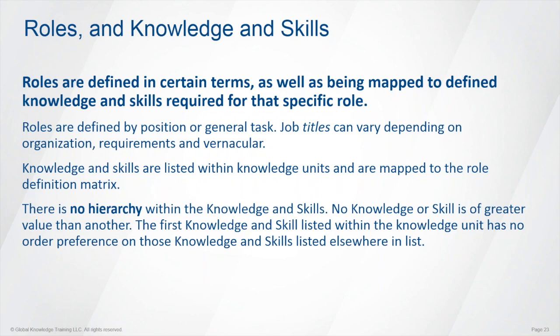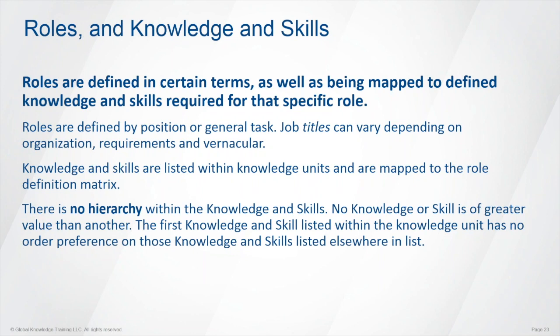Now, NIST has gone to great detail and care to try to identify all the common roles in the cybersecurity world, and then identify all the knowledge and all the skills, at a pretty granular level, that are mapped to that role. So if you're in role X, you must know how to do this, and you must understand that. All these things must happen before you're competent in your role.